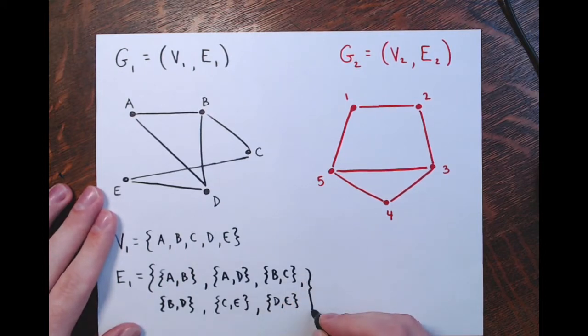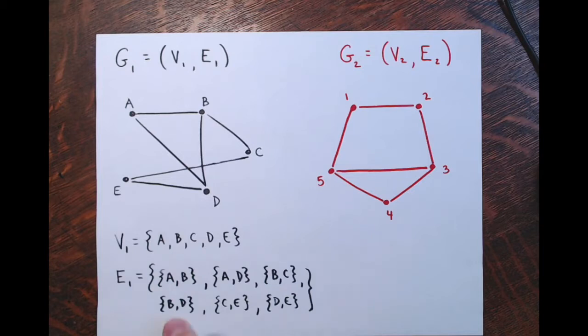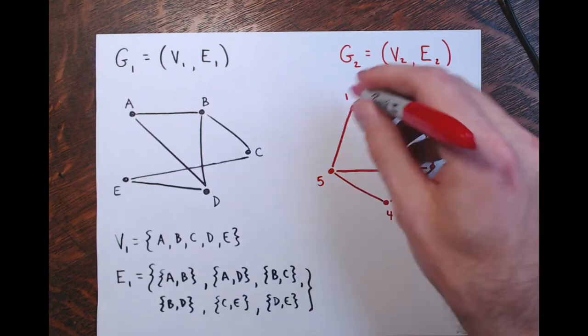Okay, so there's edge set E1 and vertex set V1, and I'll do the same thing for G2.